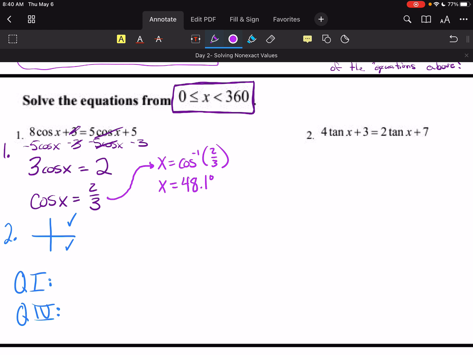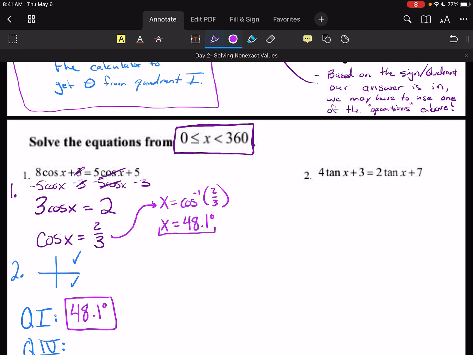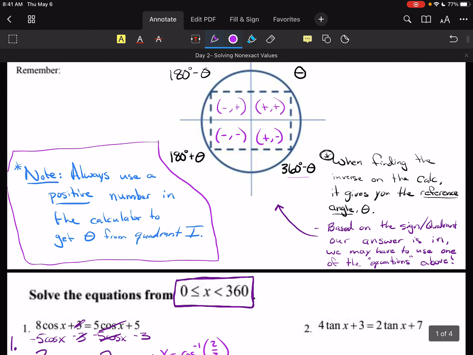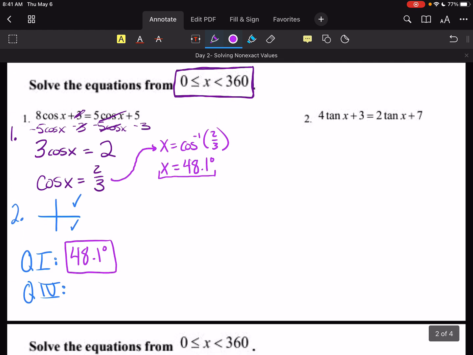So now I need to adjust that to get my 2 answers. Now, because quadrant 1 is where I need to be for one of my answers, that one's already done. That's found by doing the calculator stuff. So first answer I've got. I don't need to change that one. Now, second answer is in quadrant 4. So that means I need to do 360 minus the angle measure I found in the calculator.